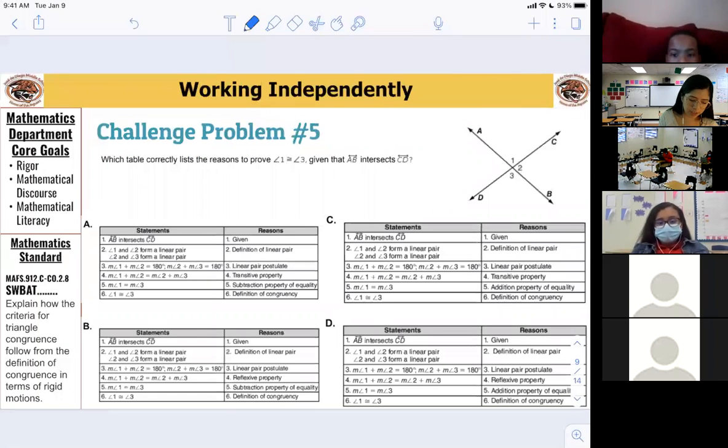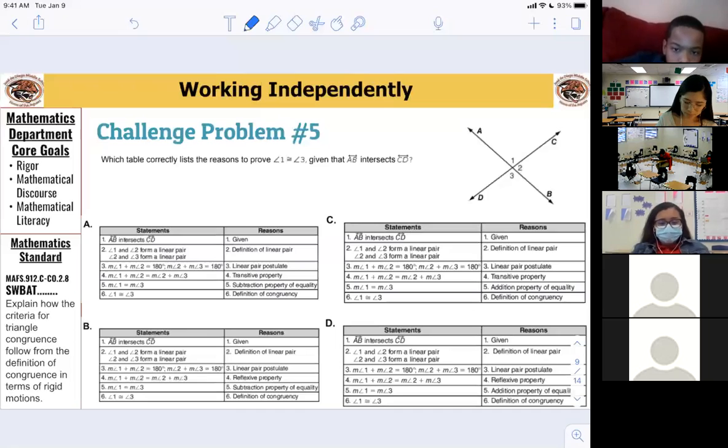Which table correctly lists the reasons to prove that angle 1 is congruent to angle 3? This one was kind of annoying because you had to look through each and every single one. But you only have to look at 4 and 5 to make it simpler. The only thing that changes between all of them was 4 and 5. Does anyone have one that they feel is correct, or one that they know is wrong?